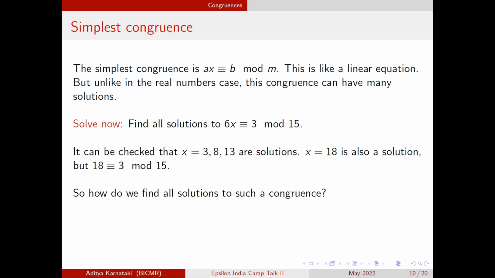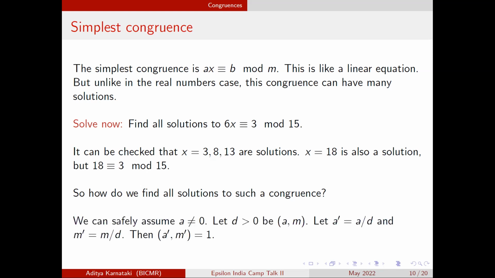We'll just see it. So yeah, how do we find all solutions to such a congruence? First, we can safely assume that a is not 0, because if a is 0, then 0 is b mod m, so you see the solution directly. And let d greater than 0 be the GCD of a and m.